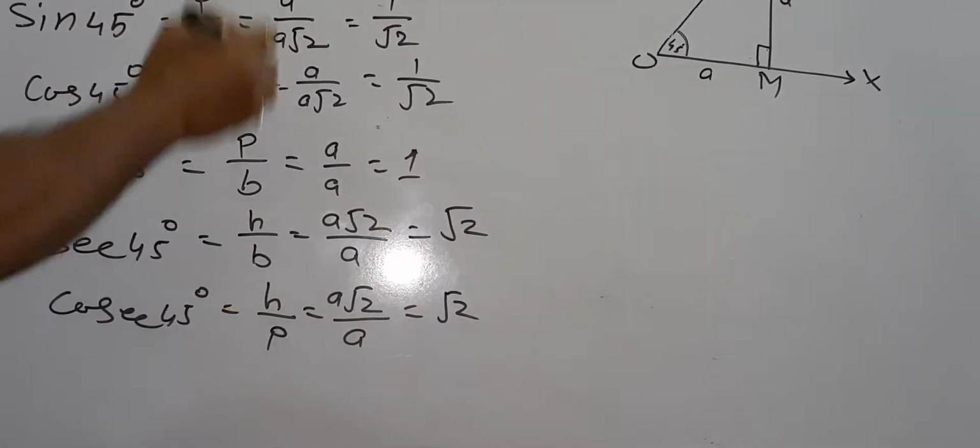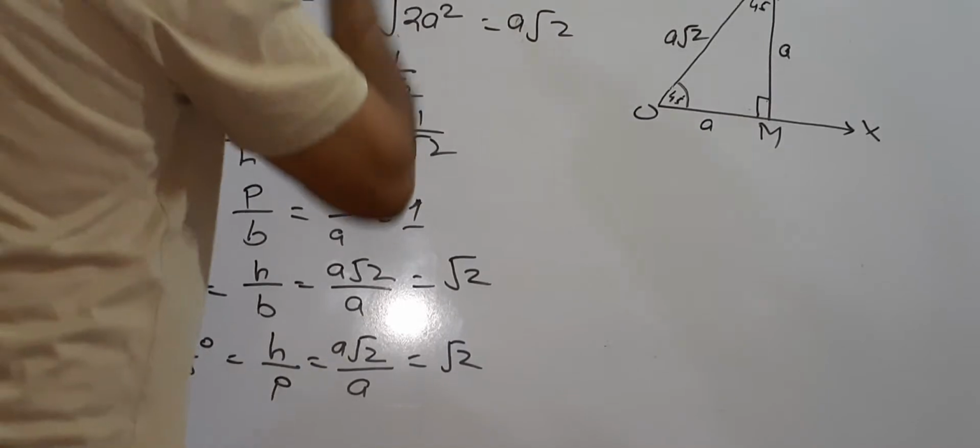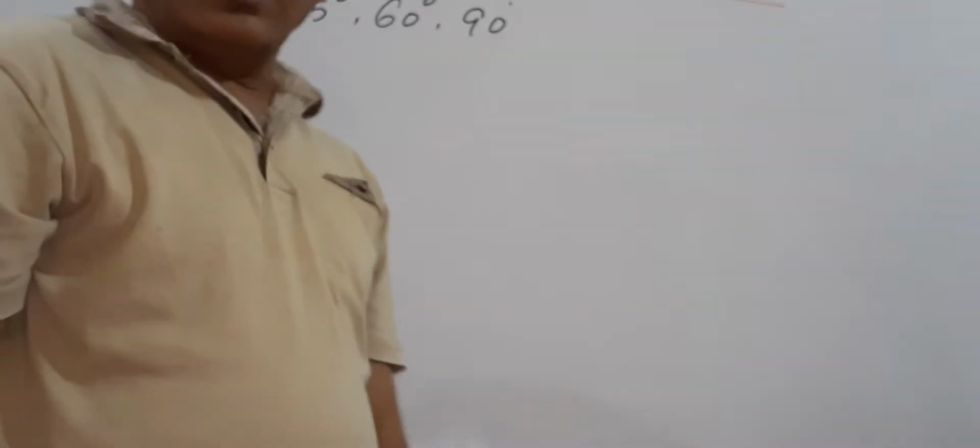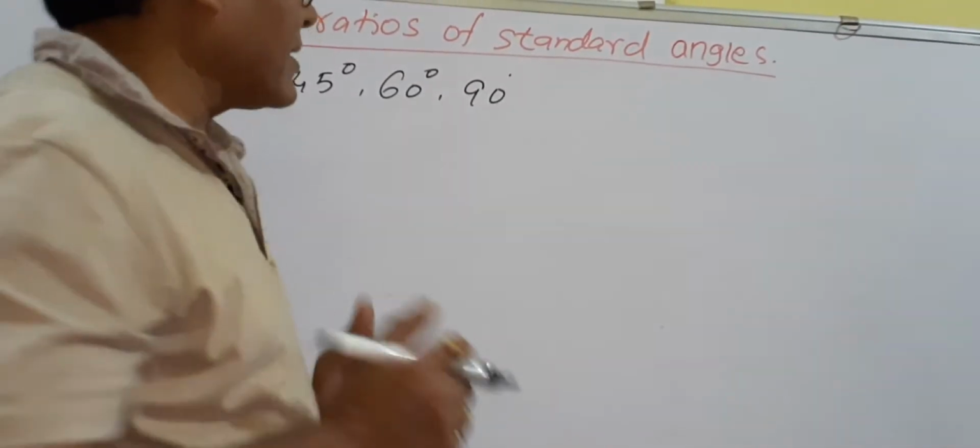Next, we will learn about 30 degree and 60 degree. Now we will learn the T ratios values of 30 degree and 60 degree. For these, we consider an equilateral triangle.